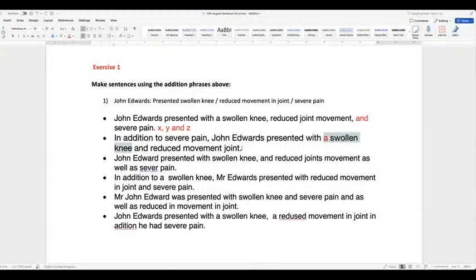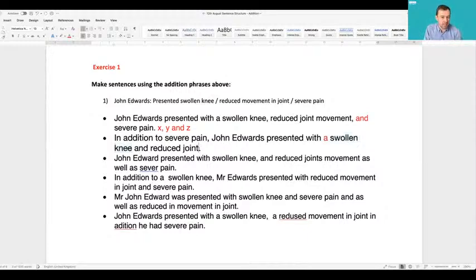So if you wanted to put that in as an uncountable, you could say knee swelling. Presented with a swollen knee and reduced joint movement. That has to be joint movement, it has to go like that. Or mobility possibly could be another way to put it as well.